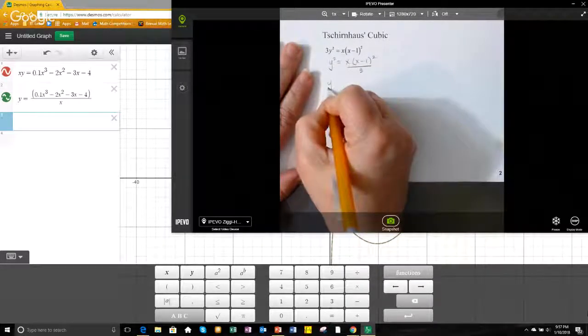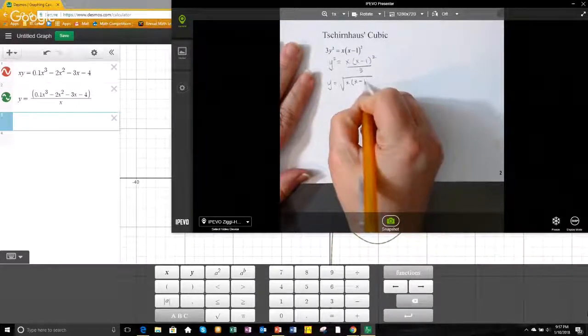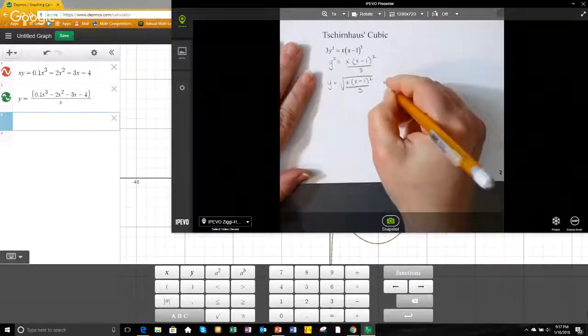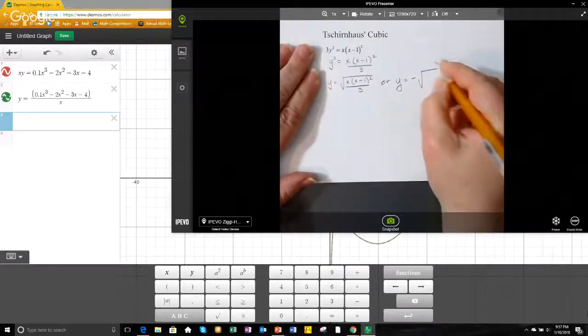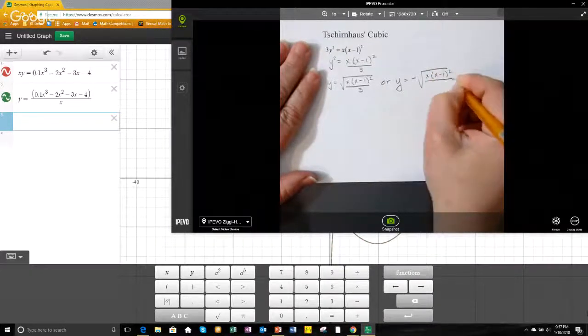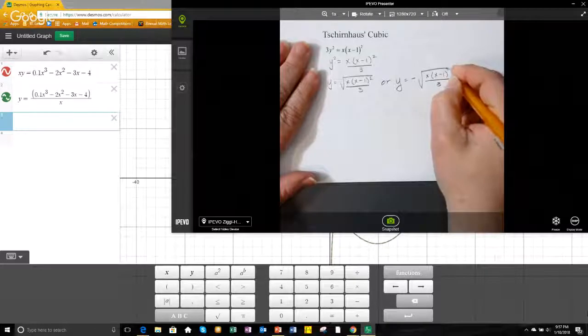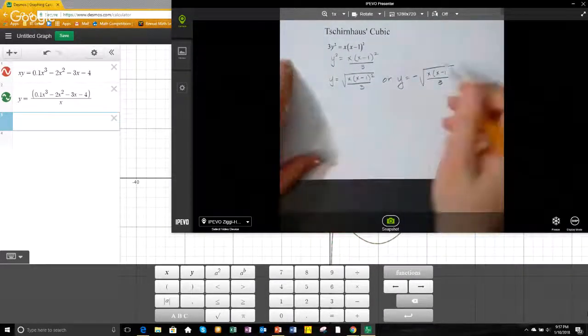And then we're going to take the square root of both sides and we'll get a positive root, or another equation would be the negative root. All right, so those are our two implied functions.